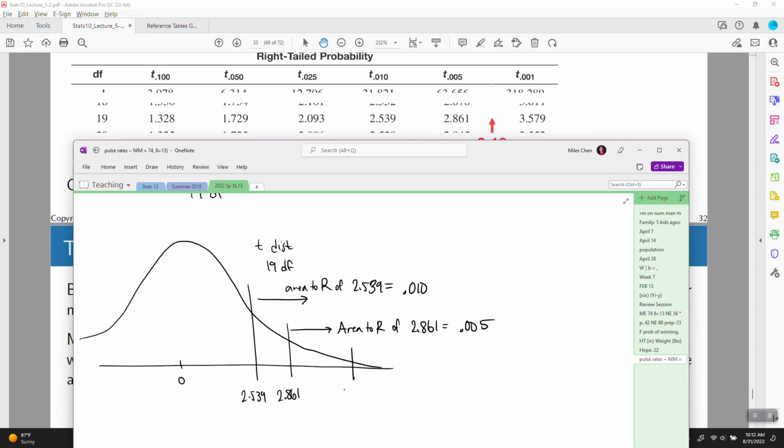And if I go even farther away, to 3.579, the area to the right of 3.579 is only 0.001. So as these t values get bigger and bigger, the right tail probability gets smaller and smaller. That's what this table is saying. So our number is 3.19, and we say, well, how much to the right?